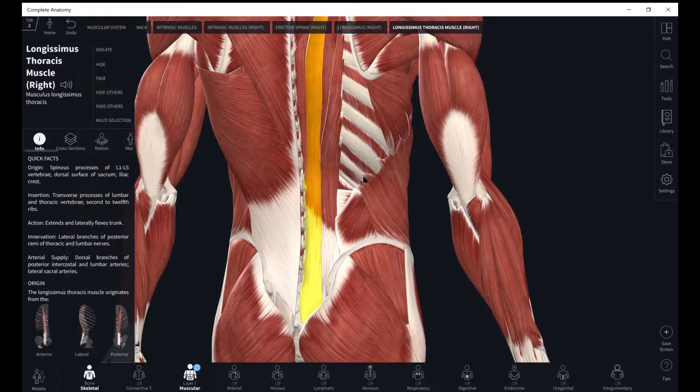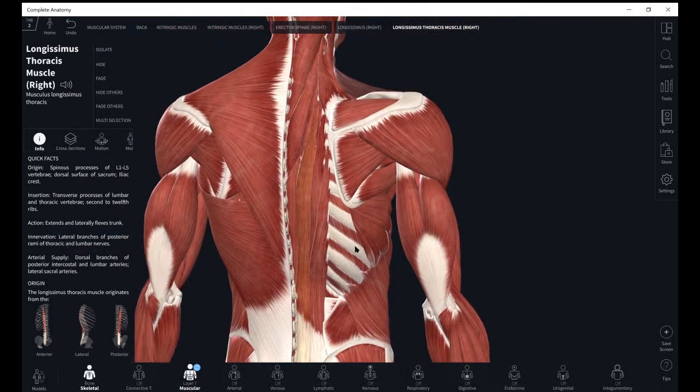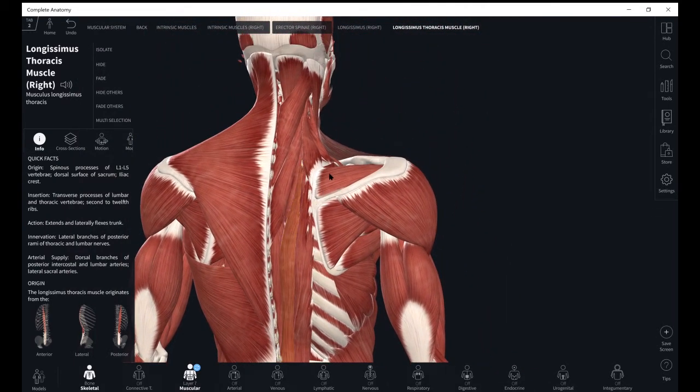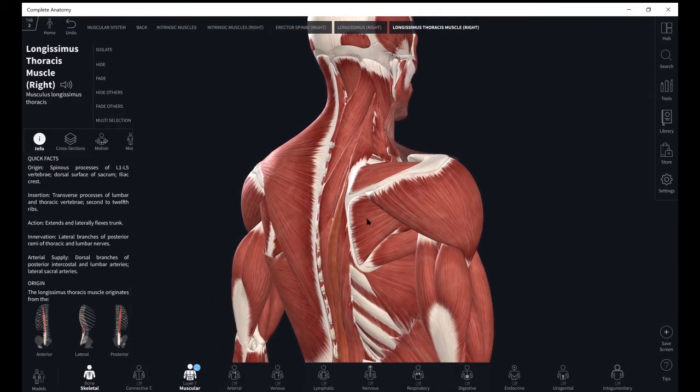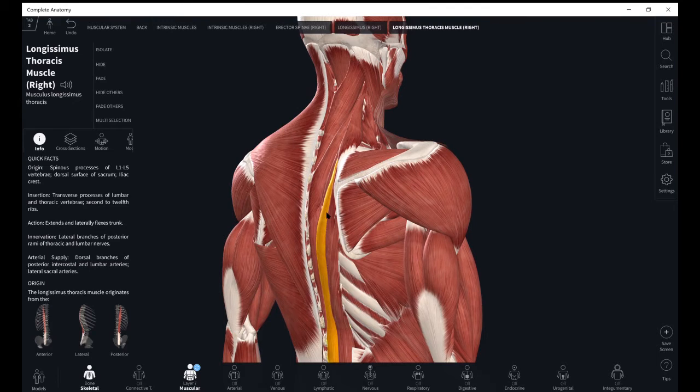There we go. Our longissimus travels, as its name implies, a long way as it's traveling up even into the cervical spine.